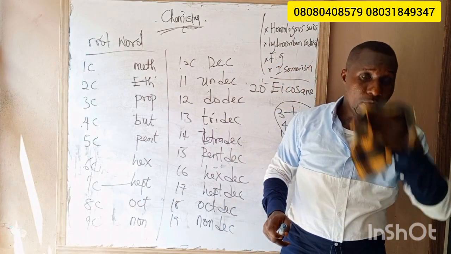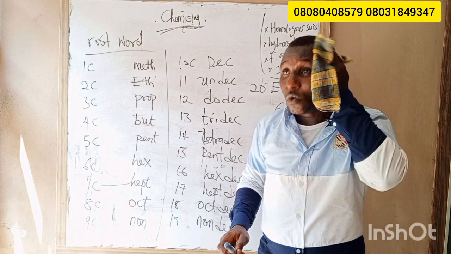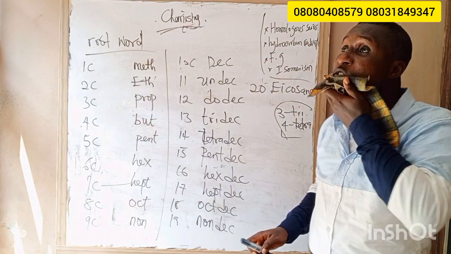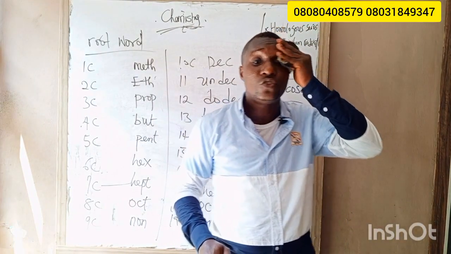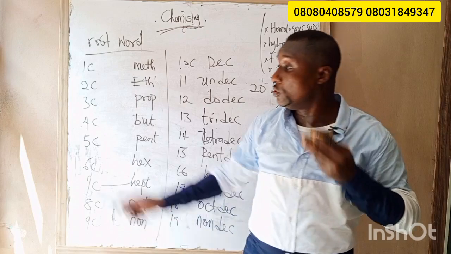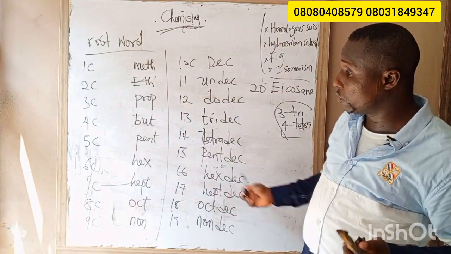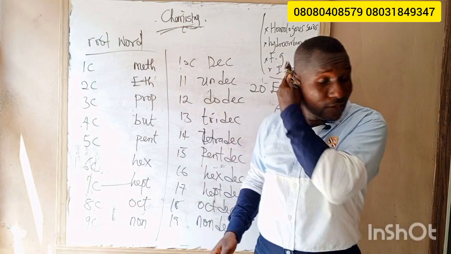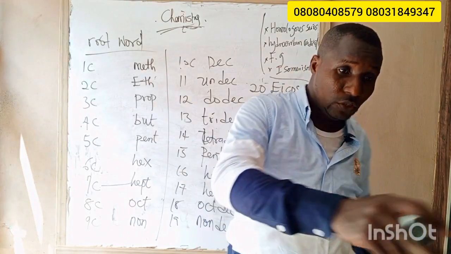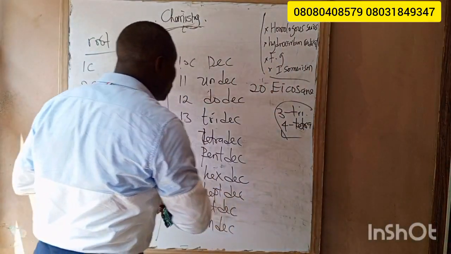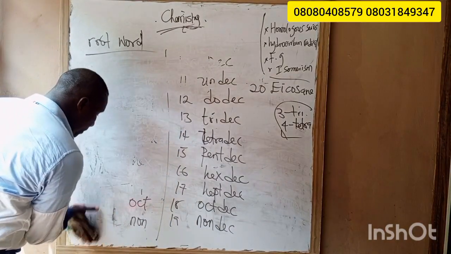Then I will use it to explain homologous series better before we go toward functional groups, then we move toward isomerism. Please quickly write out 1 to 10, or 1 to 20, but we are taking 1 to 10. Then let's continue with the root words.